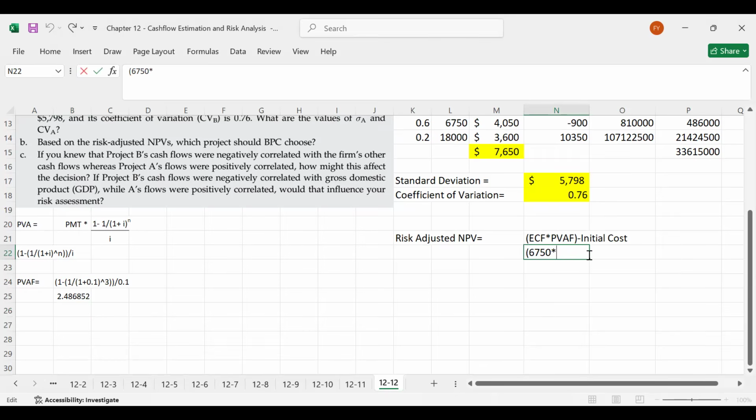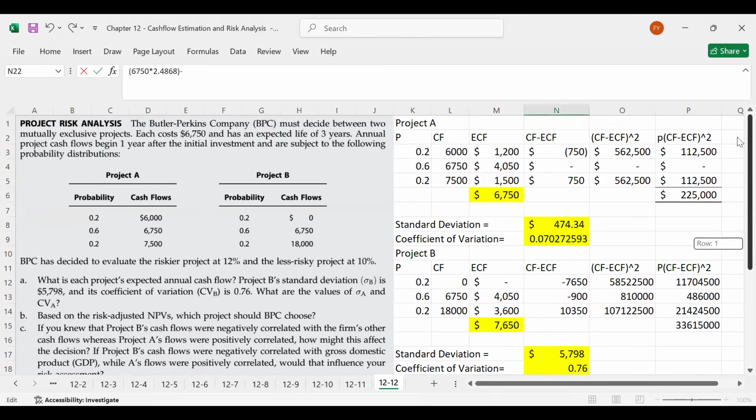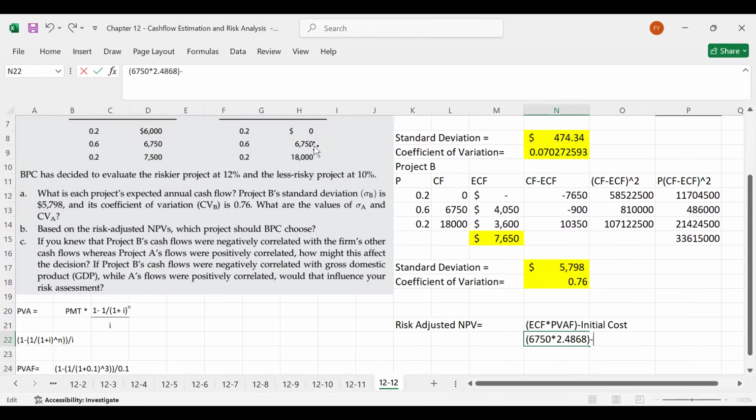So we multiply this with 2.4868, and then we will deduct the initial cost. You can see that the initial cost for both of the projects is 6750. So we are going to deduct 6750 from this.